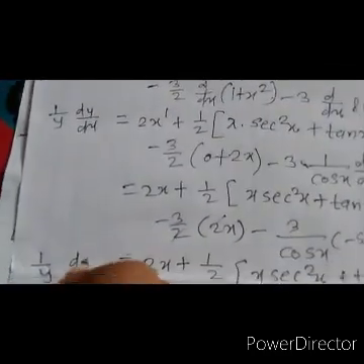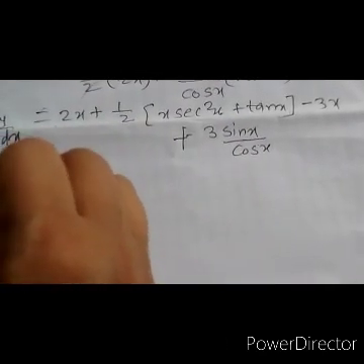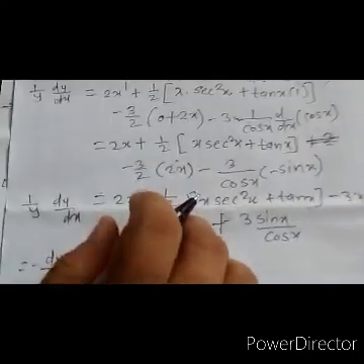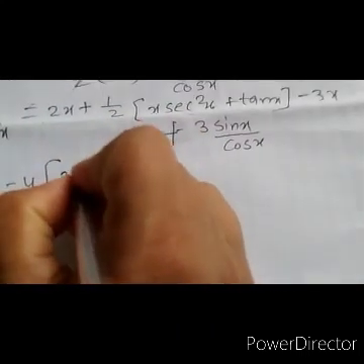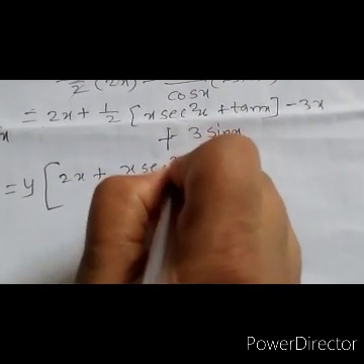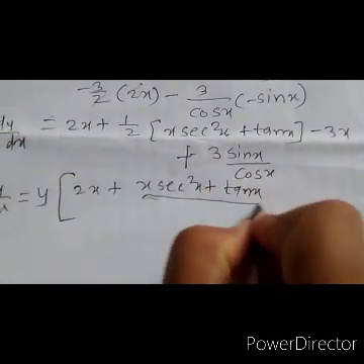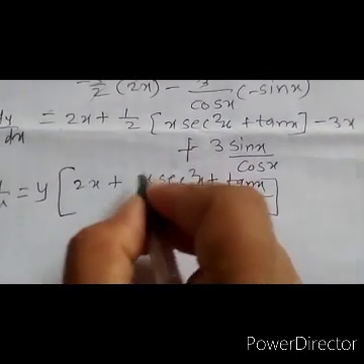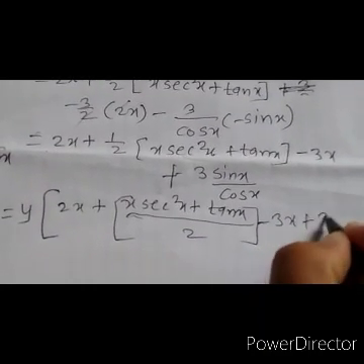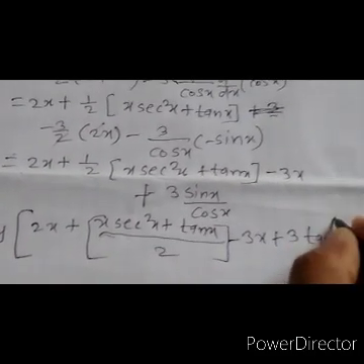So 1 upon y dy by dx. So y we can shift to the right hand side. Therefore dy by dx is equal to y, and in bracket we can write all these terms: 2x plus x sec²x plus tan x divided by 2, minus 3x plus 3 sin x upon cos x, that is tan x.